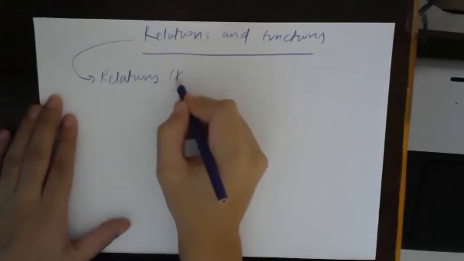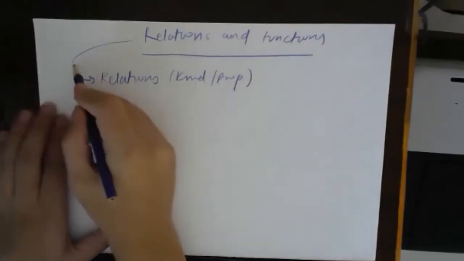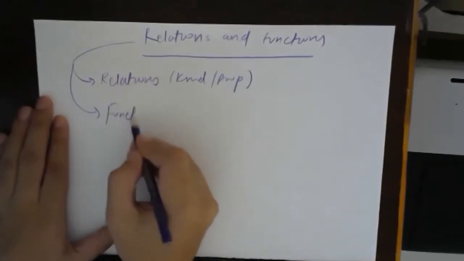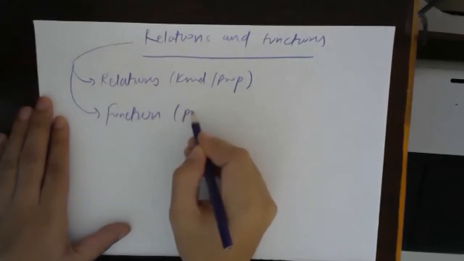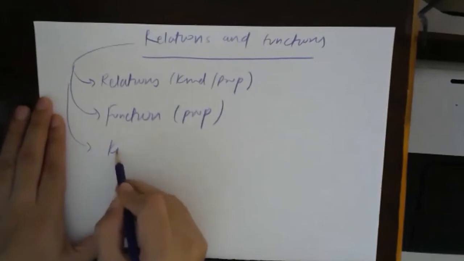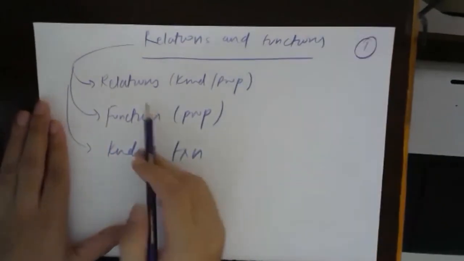Then kinds of relations, or the properties of relations. Then we move on to the special kind of relation known as function. The properties of function, and we will look at different kinds of functions. Fine. So first we will look at relations.